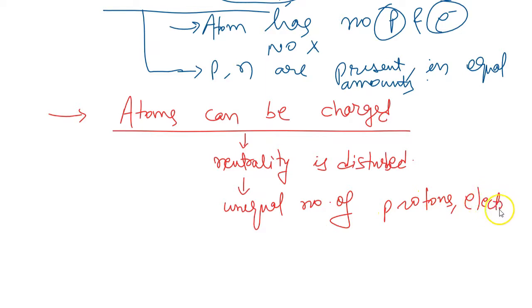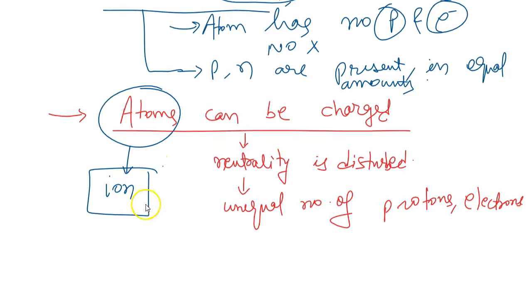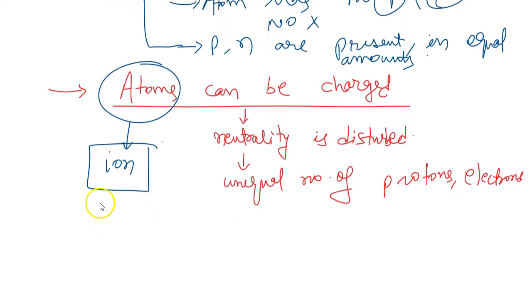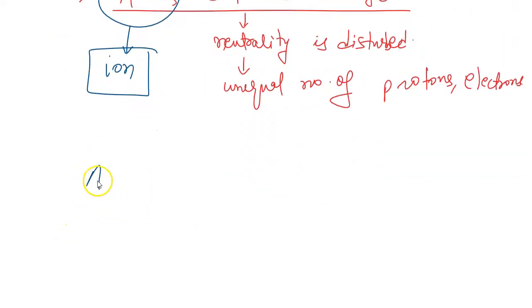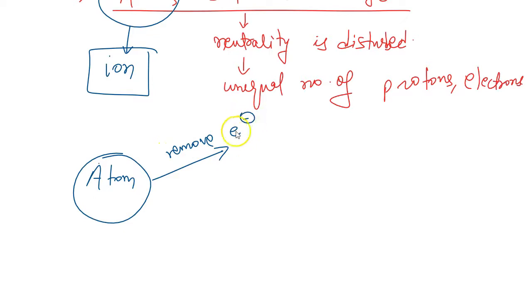Any atom which is charged, we call that atom an ion. Let us take the atom into consideration: if I take an atom and remove an electron from the atom, then the balance is disturbed, so I will get an ion.